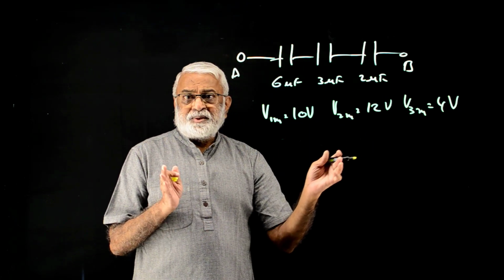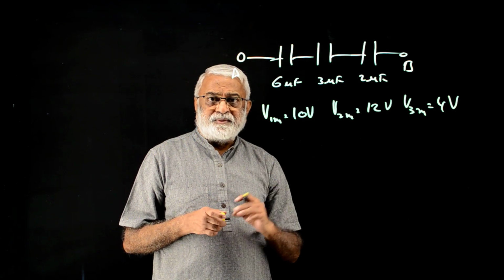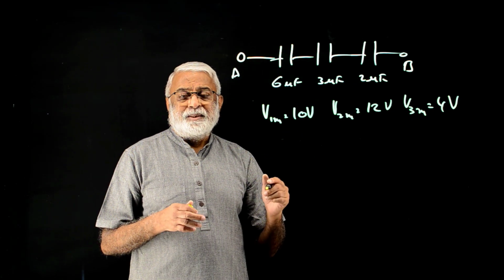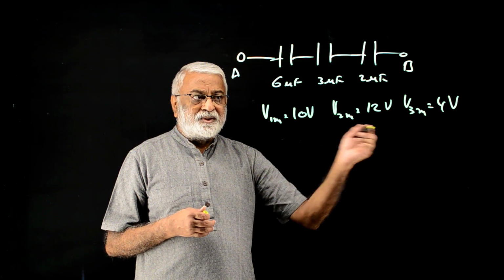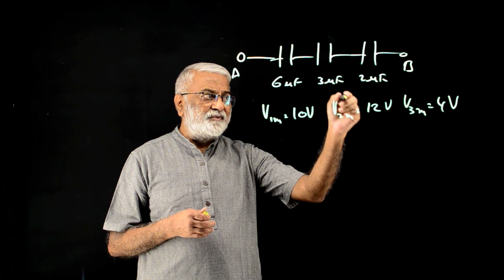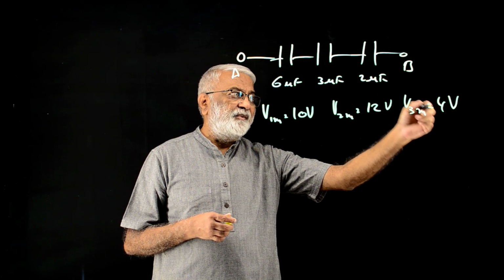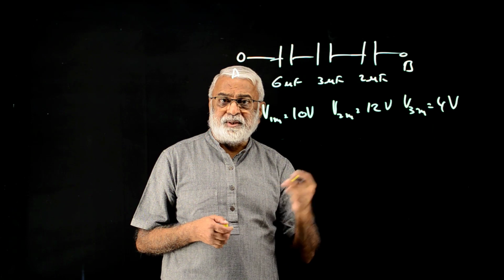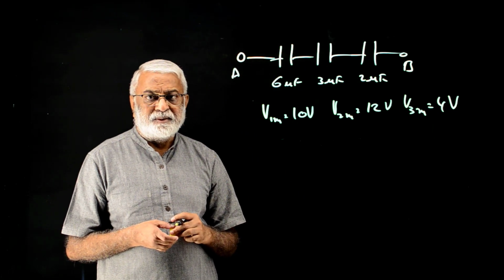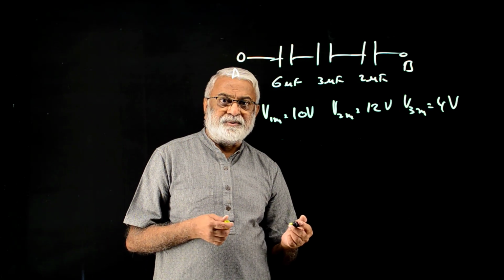Now, in series combination, charge must be the same on all three of them. So take the minimum of the maximum charges that these capacitors can store. This can store a maximum of 60, a maximum of 36, a maximum of 8. So 8 microcoulomb is the charge you can store on the equivalent capacitor.